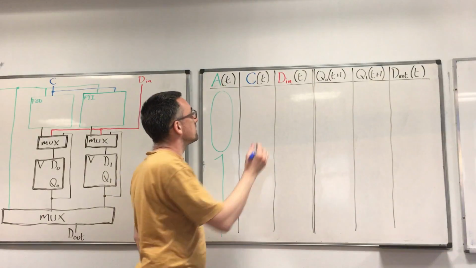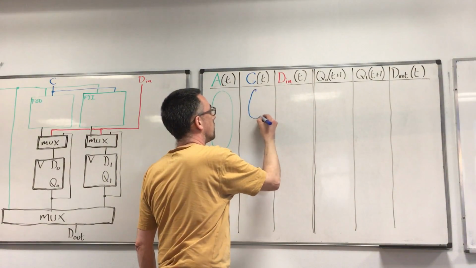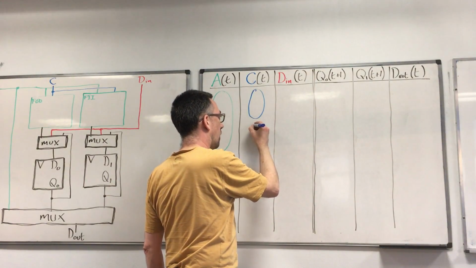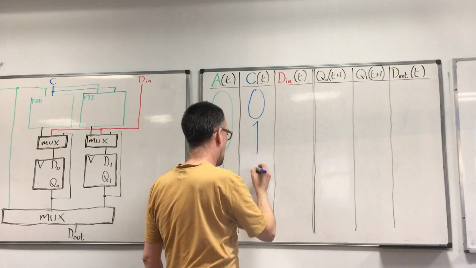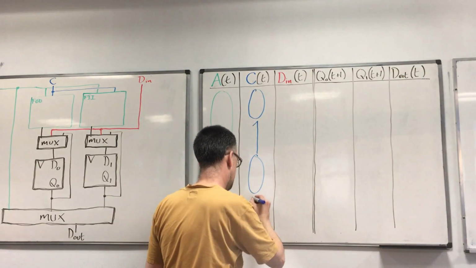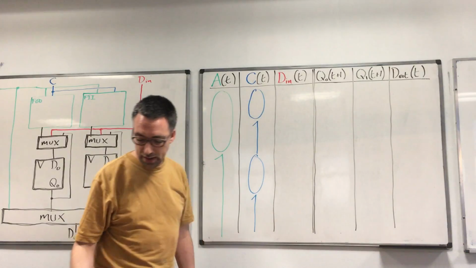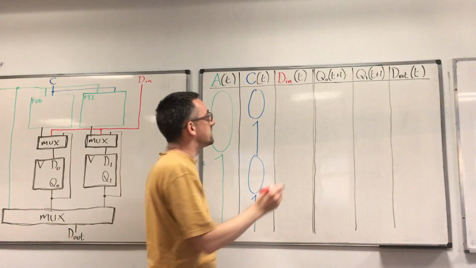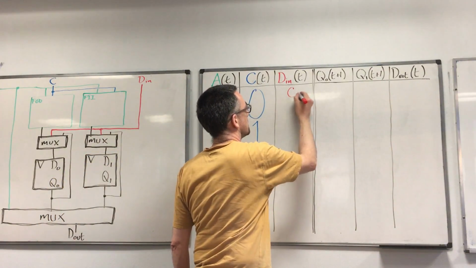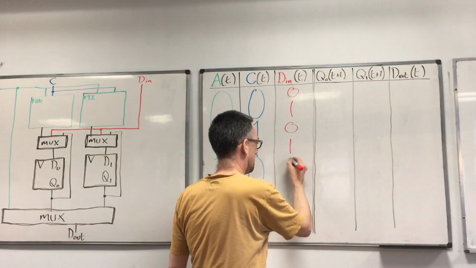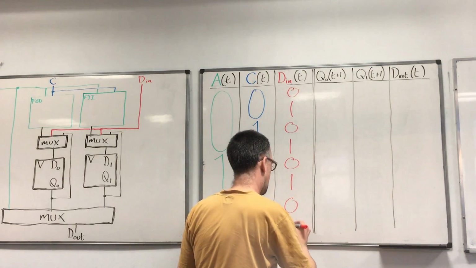The control signal either says 0 for read or 1 for write, and then the data input is 0 or 1, 0 or 1, 0 or 1, 0 or 1.